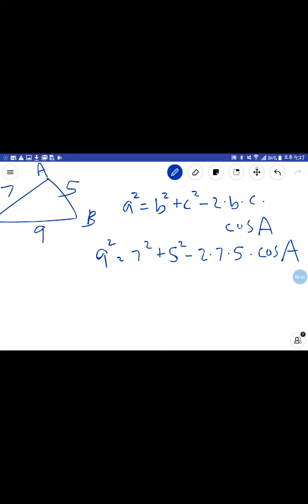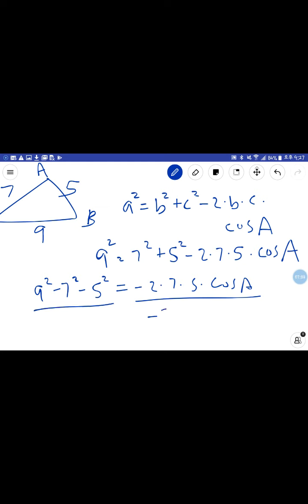So I'm going to move everything to one side. So 9 squared minus 7 squared minus 5 squared equals negative 2 times 7 times 5 times cosine A. So I'm going to divide each side by negative 2 times 7 times 5.